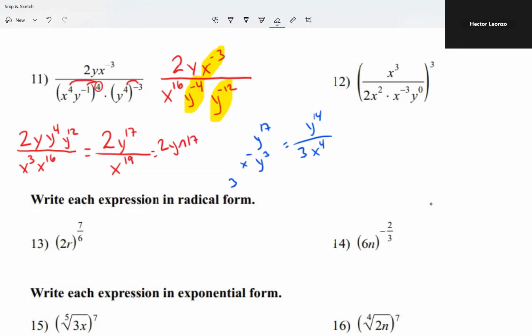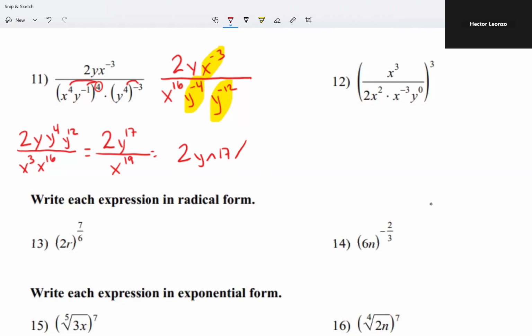Let me erase this extra example. So notice how I just typed in everything how you guys will type it. Everything on top of the fraction, once again, is 2 y to the 17th.